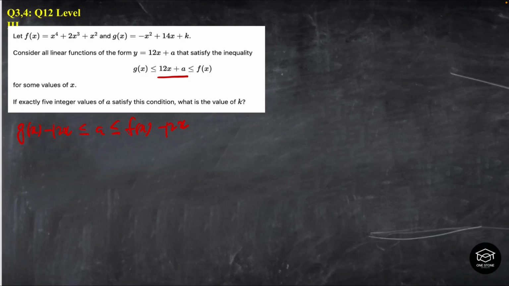So for each value of x, a must lie between g of x minus 12x and f of x minus 12x. In other words, the number of integer values of a is determined by the vertical distance between f of x minus 12x and g of x minus 12x.